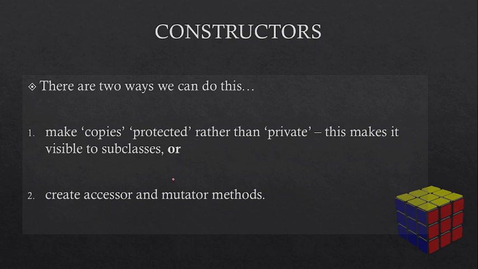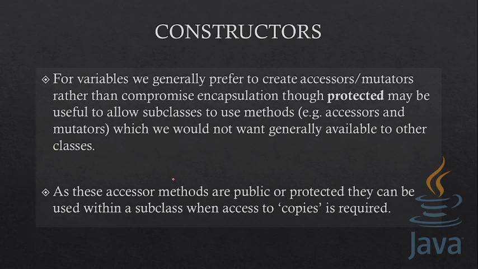So in this case, we put the accessor and mutator methods in the publication class. For variables, we generally prefer to create accessors or mutators rather than to compromise encapsulation through protected.